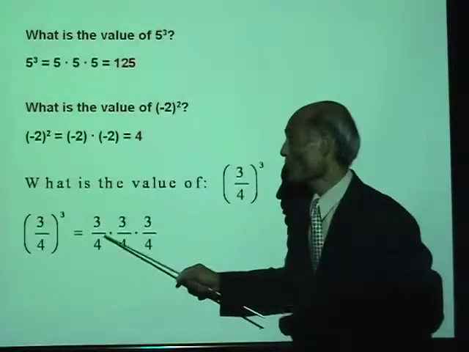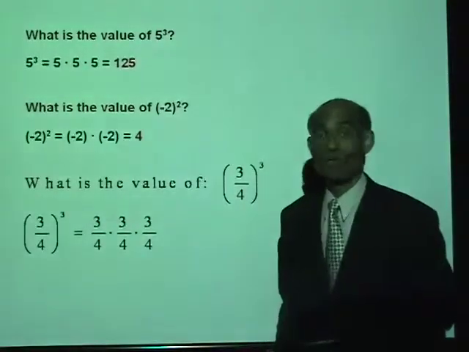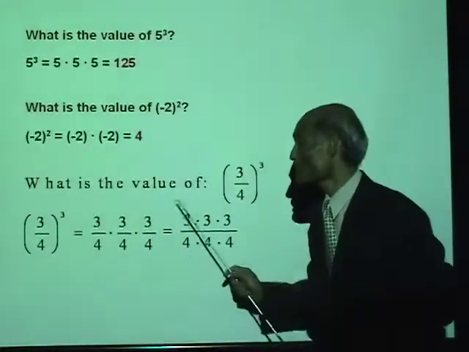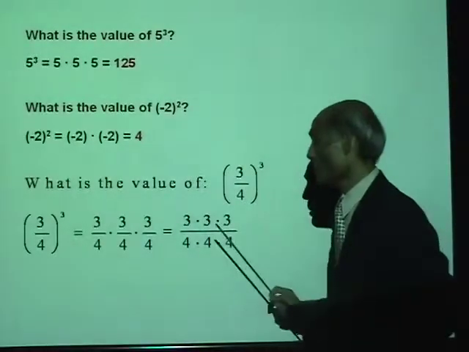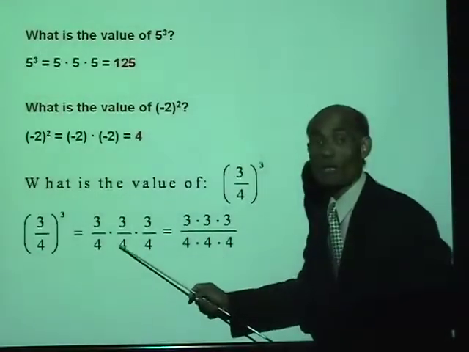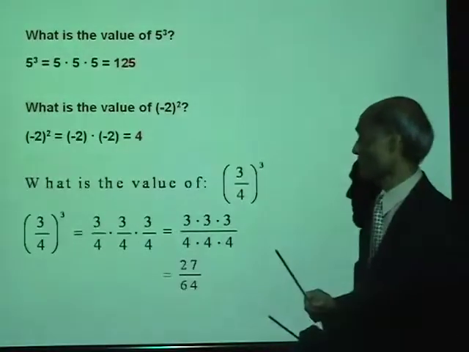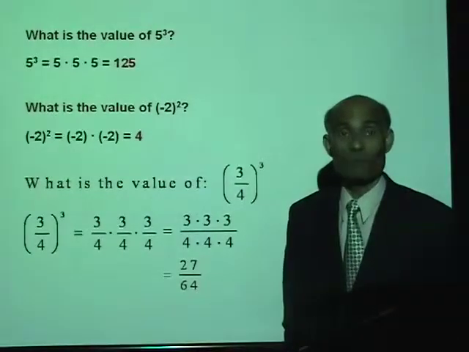It is 3 over 4 times 3 over 4 times 3 over 4. What is that equal to? Multiply all the numerators, 3 times 3 times 3, over, multiply all the denominators, 4 times 4 times 4. That will be 27 over 64.